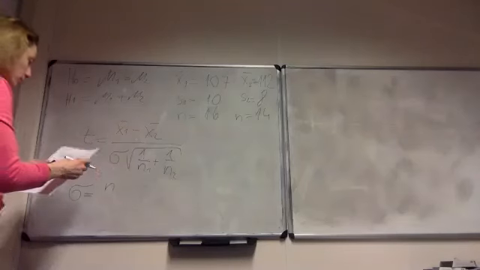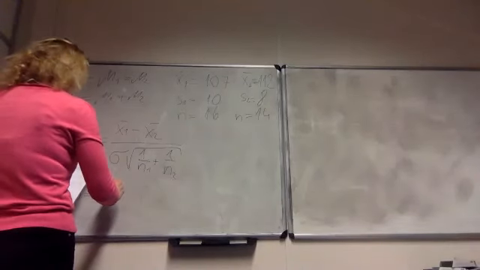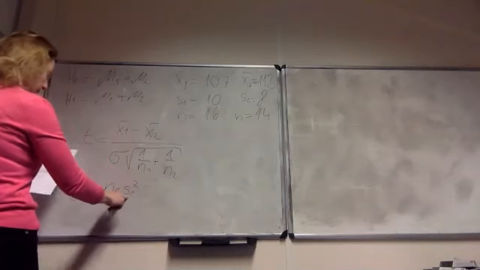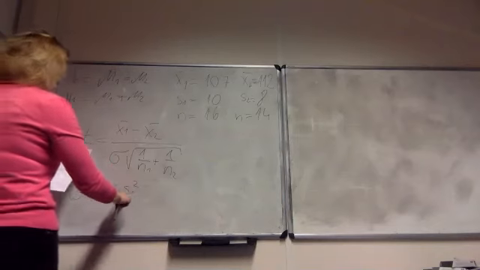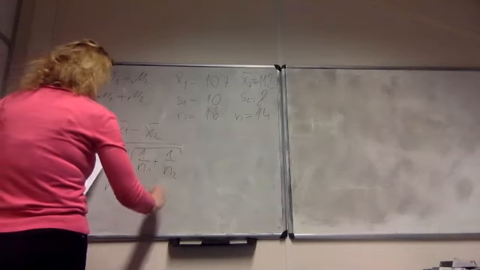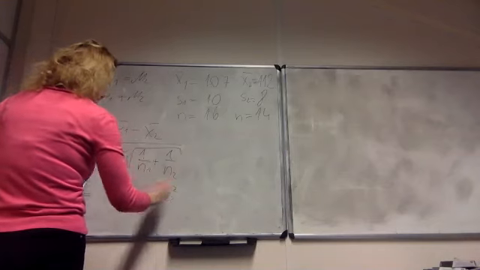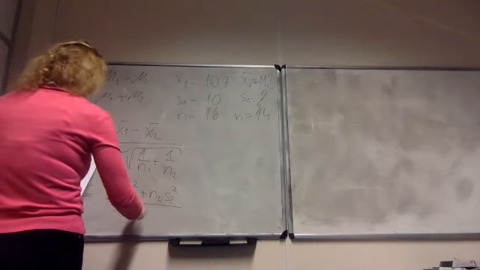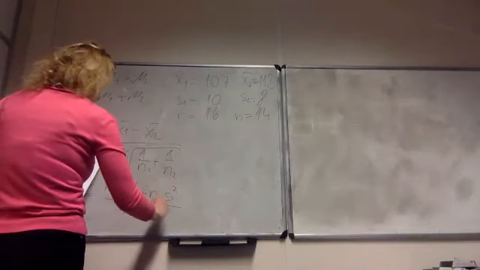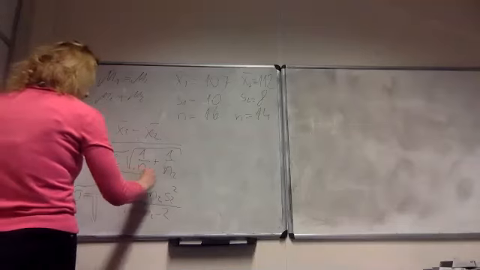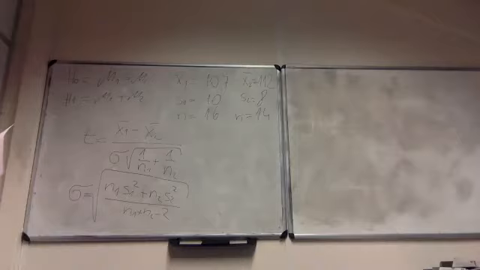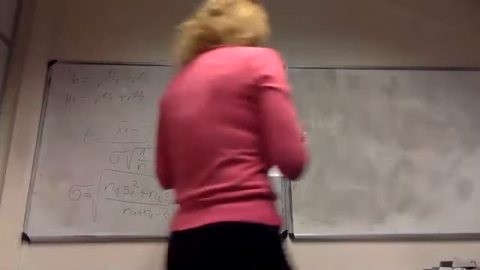Okay, Professor. So sigma equals N1 times S1 squared, so the sample size times its standard deviation squared, plus N2 times S2 squared, over N1 plus N2 minus 2. So let's calculate the sigma.